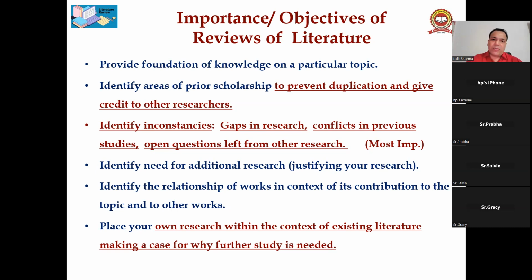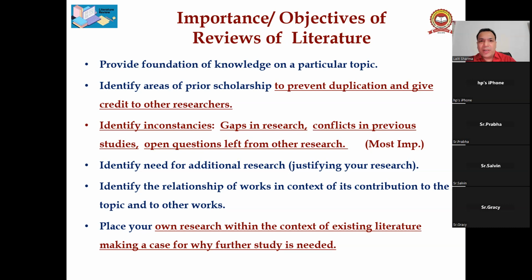Now, what is the importance and objectives of review of related literature? It provides foundations of knowledge on a particular topic. It is a very good line. Whatever topic you have selected, review of related literature supports your study.